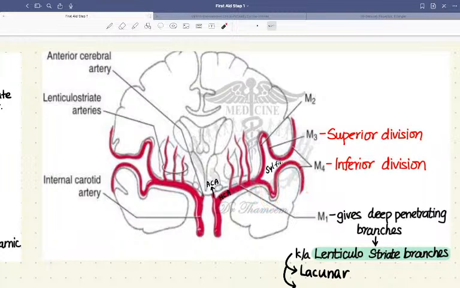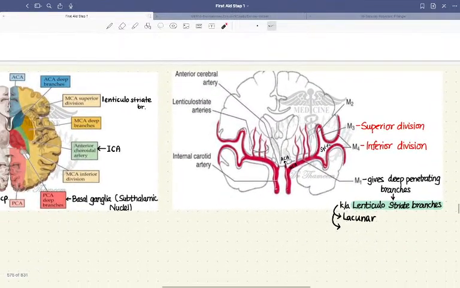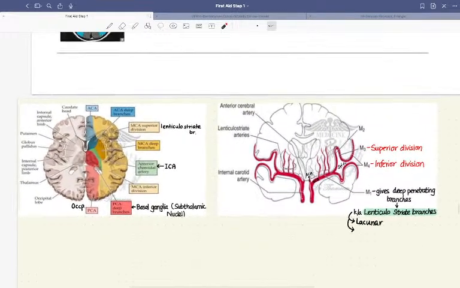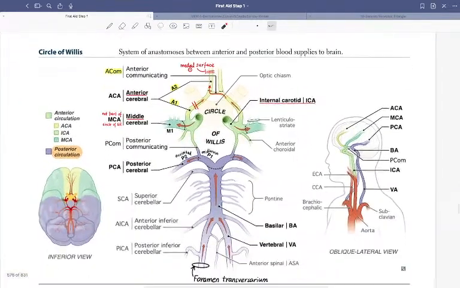So M3 is the superior division and M4 is the inferior division. It gives penetrating branches, causing lenticular and lacunar infarcts. So this is done. The anterior choroidal artery supplies the internal capsule.